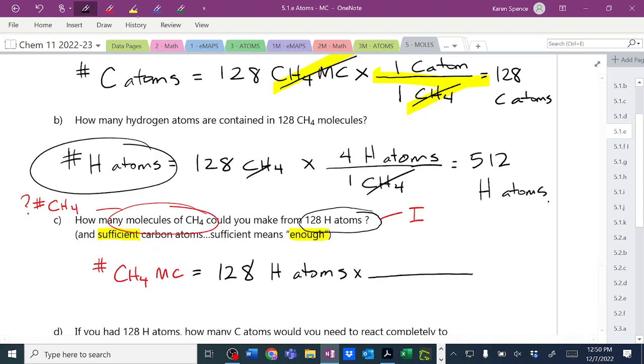We know that we need to cancel hydrogen atoms by putting it down here, and we want to find CH4 molecules, so that's going to go on the top.